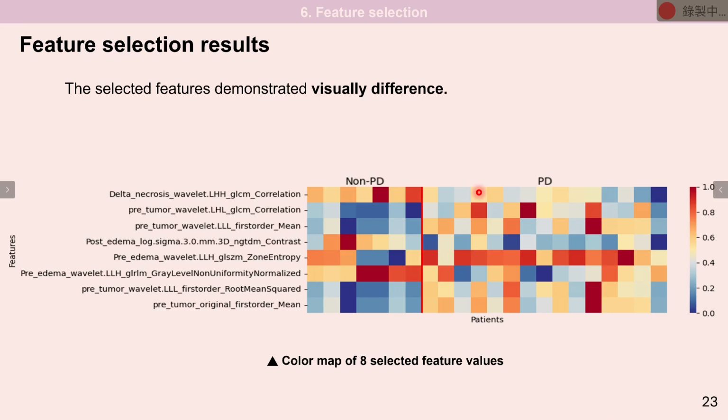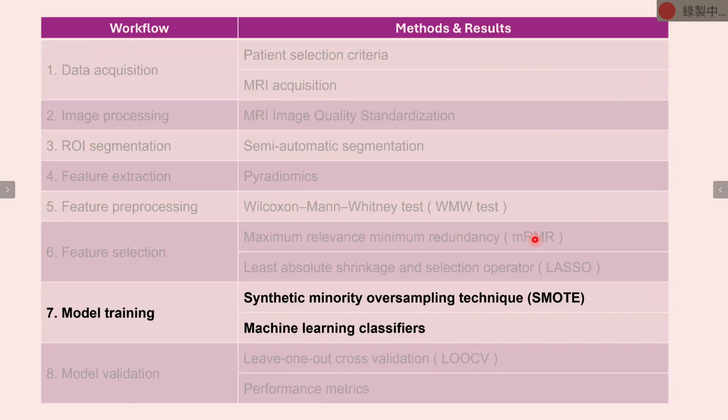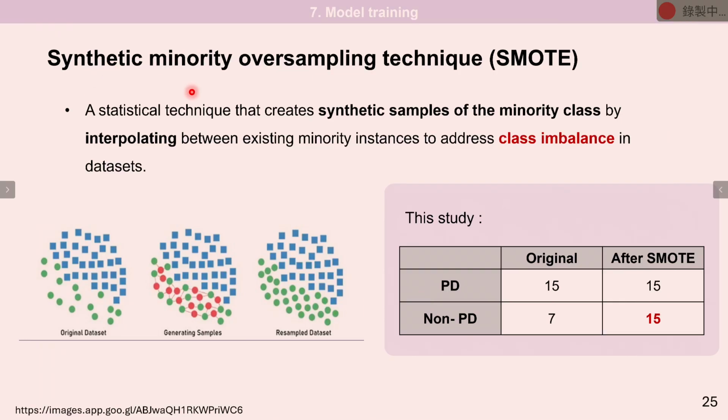And next is to train the model. Before training the model, we apply the synthetic minority oversampling technique to our data. The technique is used to address class imbalance in datasets by interpolating samples of the minority class.